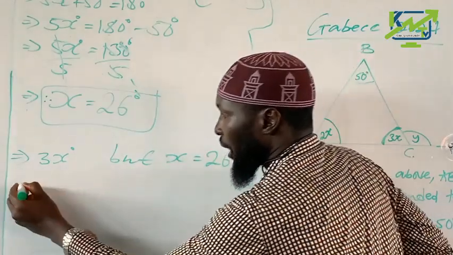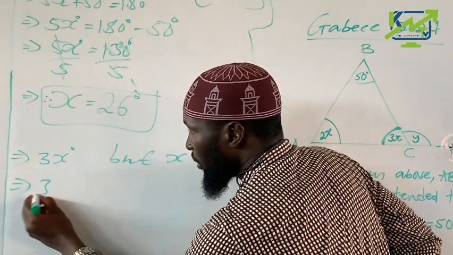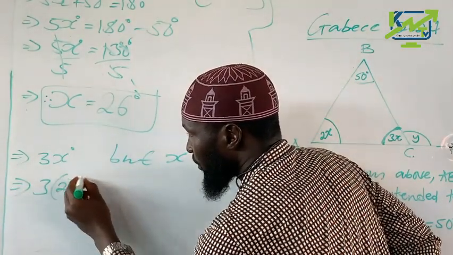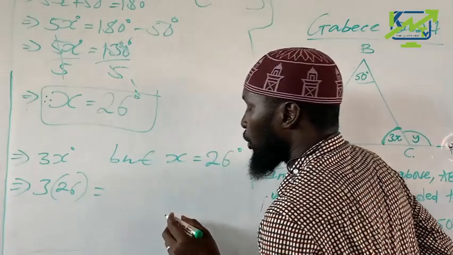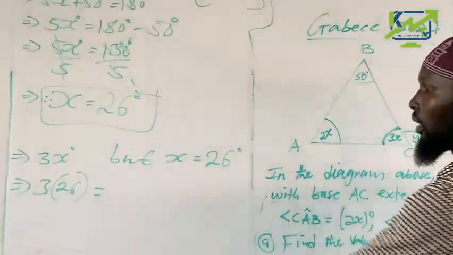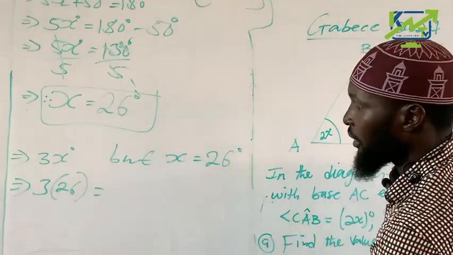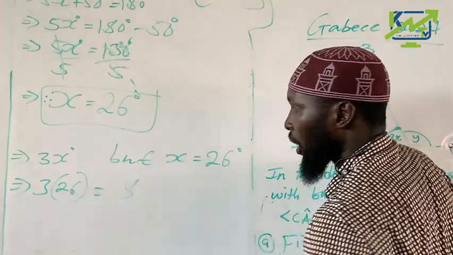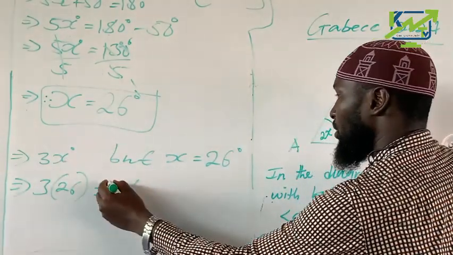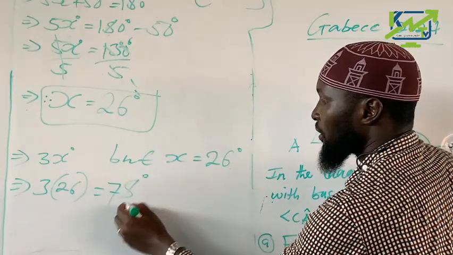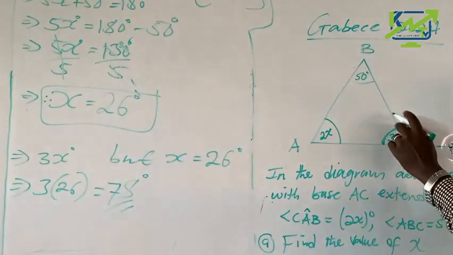So therefore, we have 3 into 26. 3 times 6 is 18, 8 carry 1. 3 times 2 is 6, plus 1 is 7. So we have 78 degree. I mean the whole of this angle here is 78 degree.